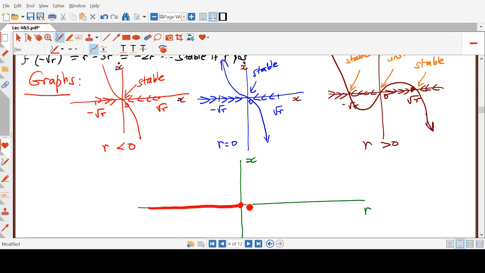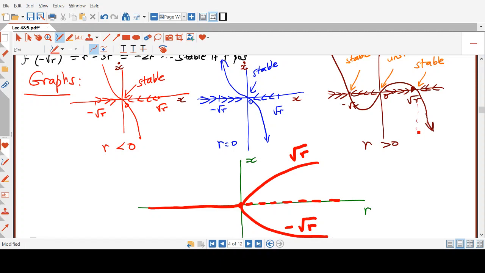When r is positive, on the right of 0, it was unstable. And then you had the two branches, root r and minus root r. You had x equals root r, this is root r, and x equals minus root r. Okay. So where am I getting all this from?